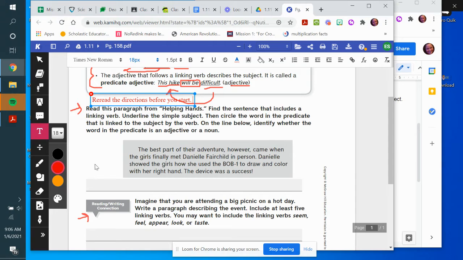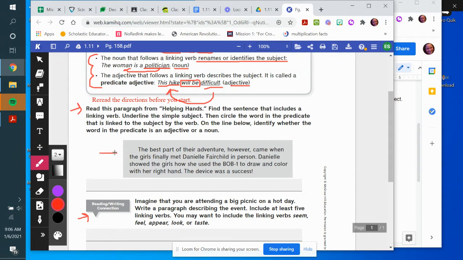All right, so we're going to read this paragraph right here. We're going to find the sentence that includes a linking verb. Underline the simple subject.